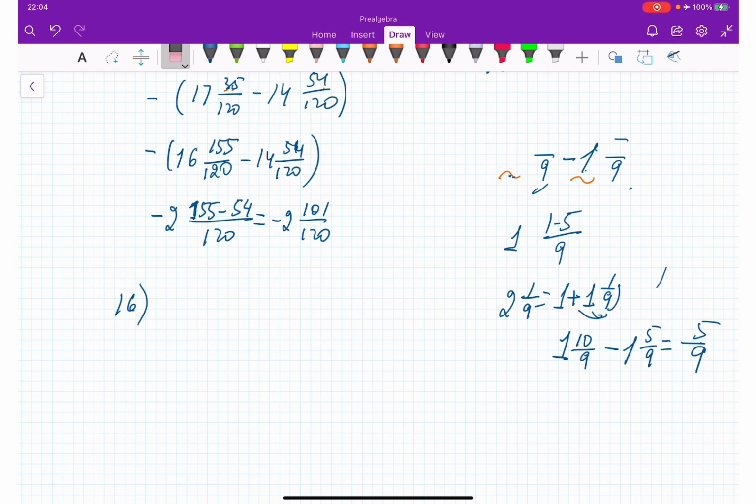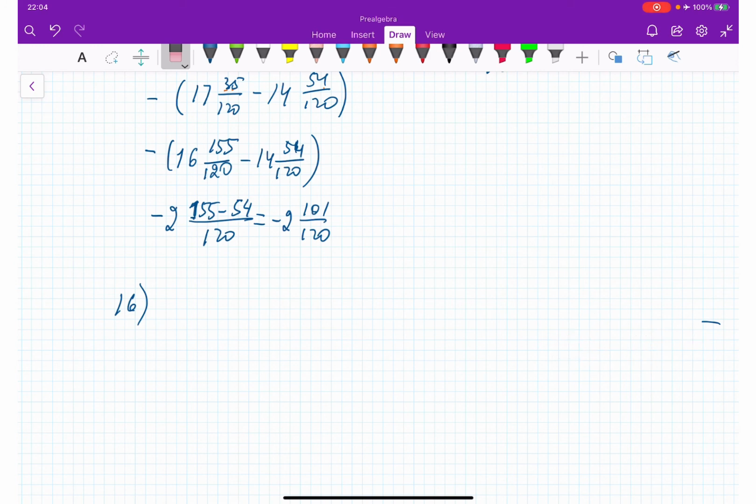And I'm moving to question number 16. What do we have in question number 16? Negative 34 and 7 over 36, plus 19 and 7 over 30. Okay, negative, positive, we need to subtract, right?